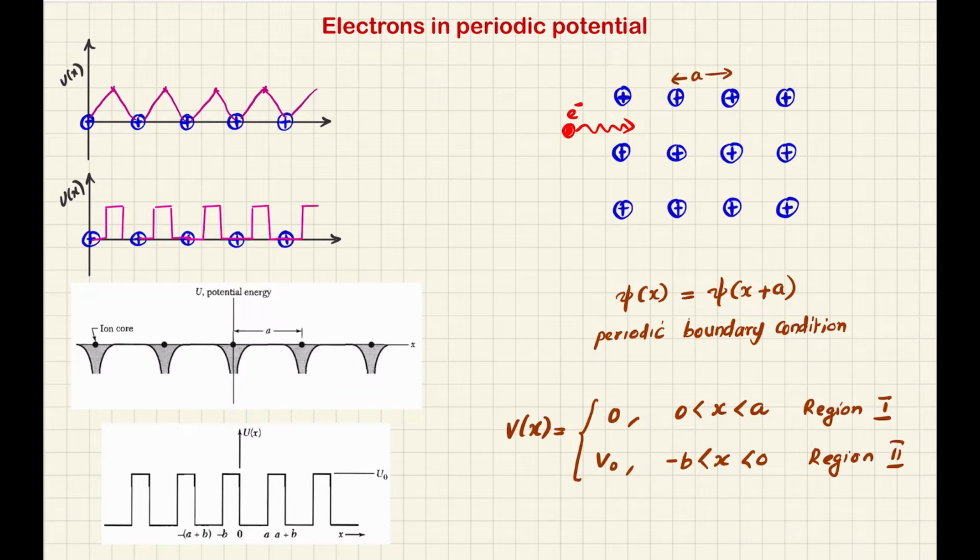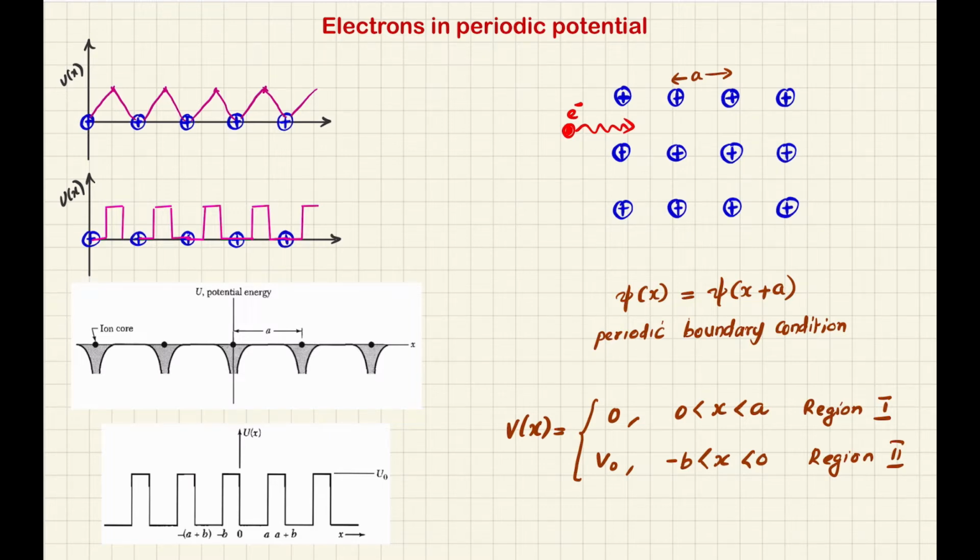If you draw a graph of potential versus distance, at the position of the positive ion core the potential is minimum, and it is maximum in between the two ion cores. And this repeats because the ion cores are periodically arranged in the lattice.